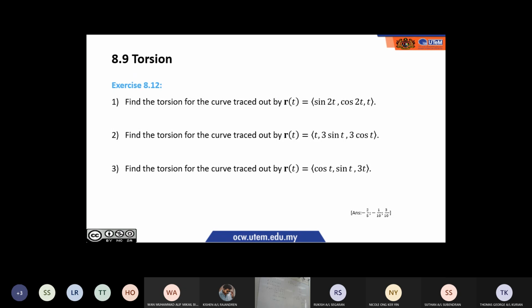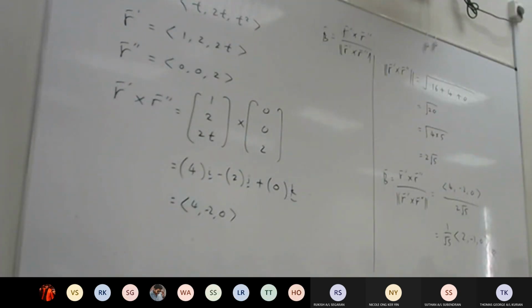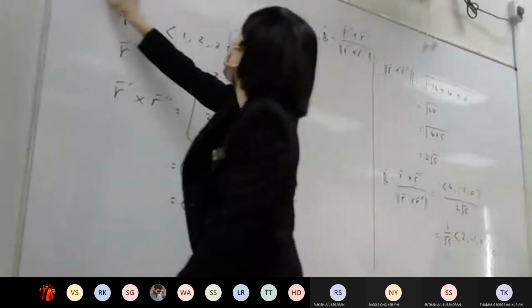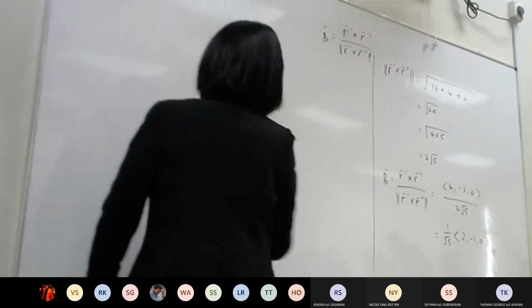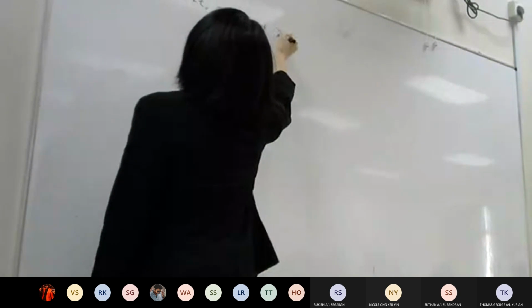Now let's try this exercise. r prime, r double prime.